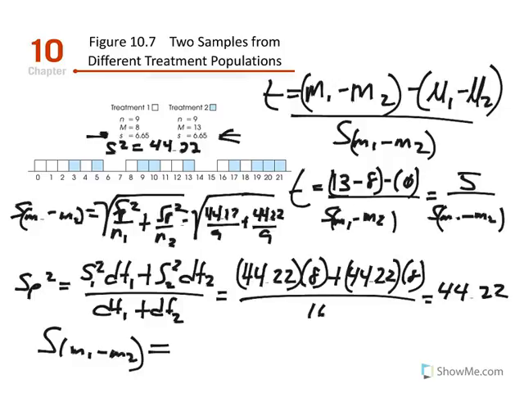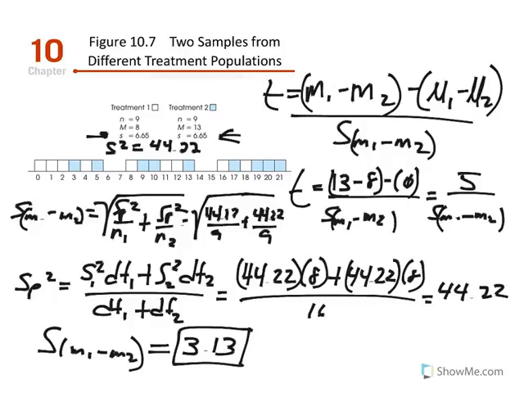So our estimated standard error of the mean difference, once we complete that calculation, should yield 3.13. Again, we may have slight differences because of the displays on our calculators, but they should be quite similar. You may be off by a thousandth, hundredth, tenth, whatever it may be, but it should be somewhat close. But I do want to let you know that given the span of our calculator displays, we may have some differences in our final answers.